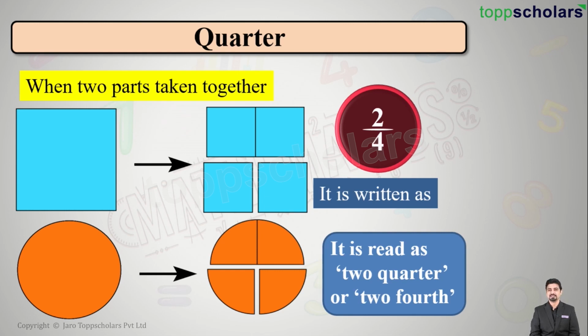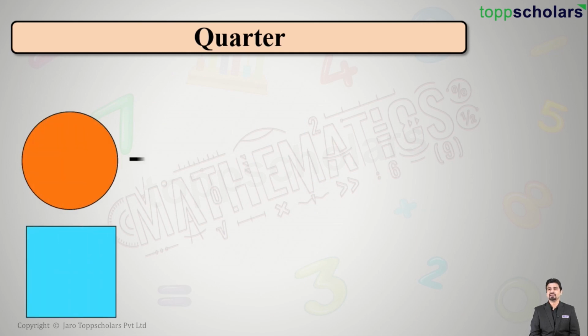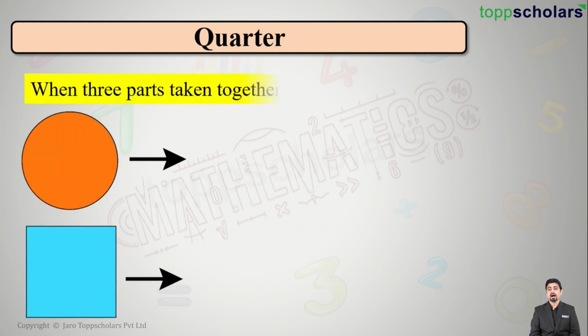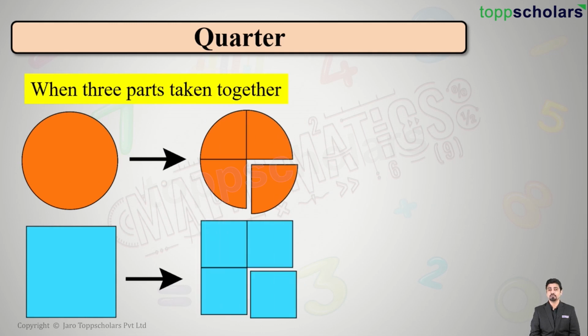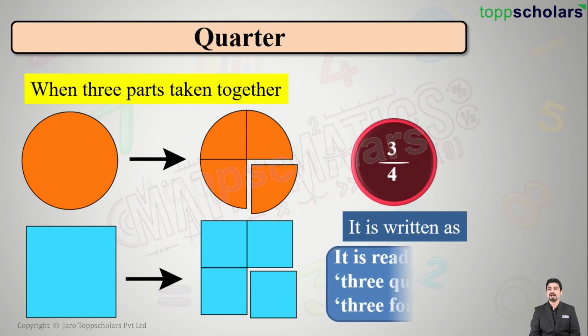Remember this, students. Now, going ahead, again I take the circle and square. Again I split in four parts, but this time I take three parts out of four parts from each figure. Three parts out of four parts. 3 out of 4, it is written as 3/4 and read as 3 quarters.